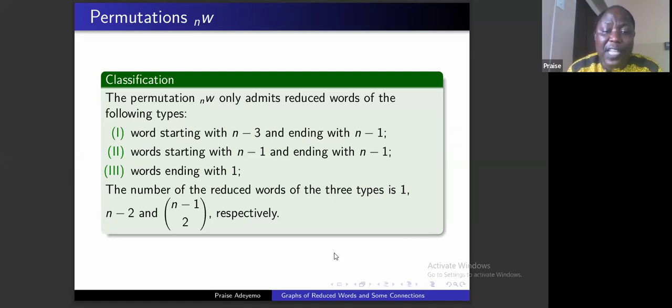Some will start with n minus 1 and end with n minus 1. And the reduced words that only end with 1. We have been able to count that. There will only be one of type 1, n minus 2 of type 2, and n minus 1 choose 2 of type 3.